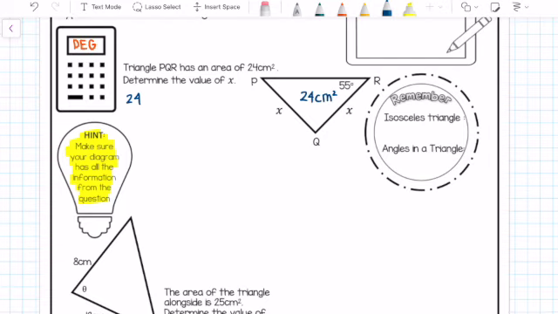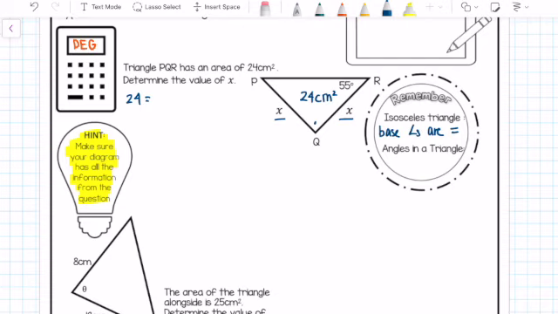All right, so area would be, 24 is equal to half, and now I'd want to use sides and an angle. So I'm looking for x, which means I'm going to use these sides, but I don't know that angle. So here we have to again recognize that if I have two sides that are equal, then I've got an isosceles triangle, and in an isosceles triangle the base angles are equal.